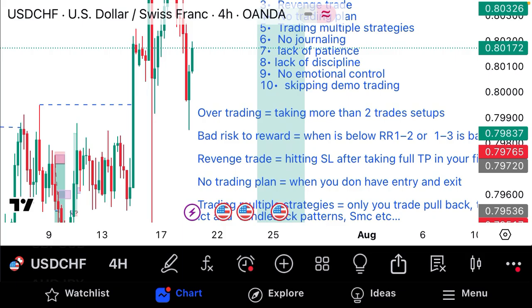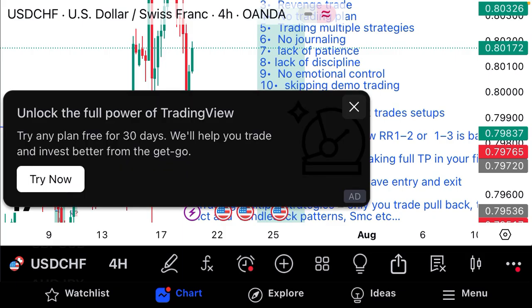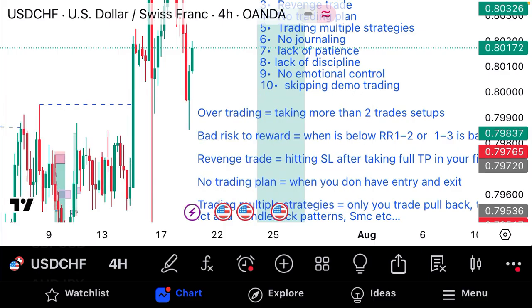When you don't have any discipline, maybe you don't have discipline on holding your trade, maybe to 2:1 or 3 before you close. You have no discipline on how to manage your risk, how to manage your emotion. Because if you don't have that discipline, it will be very difficult to control your emotions in the market.